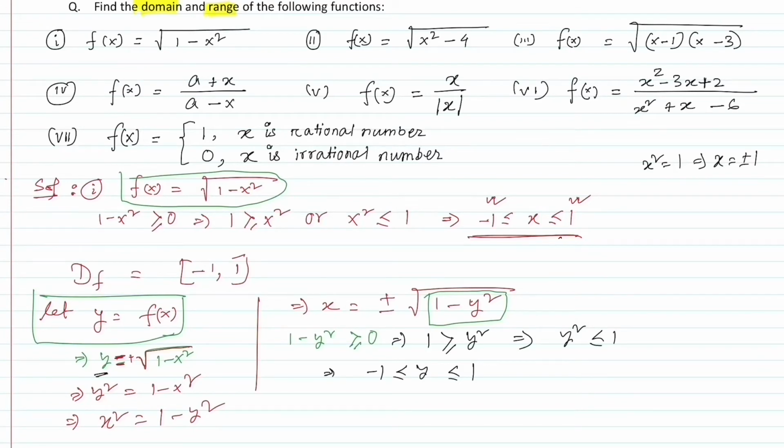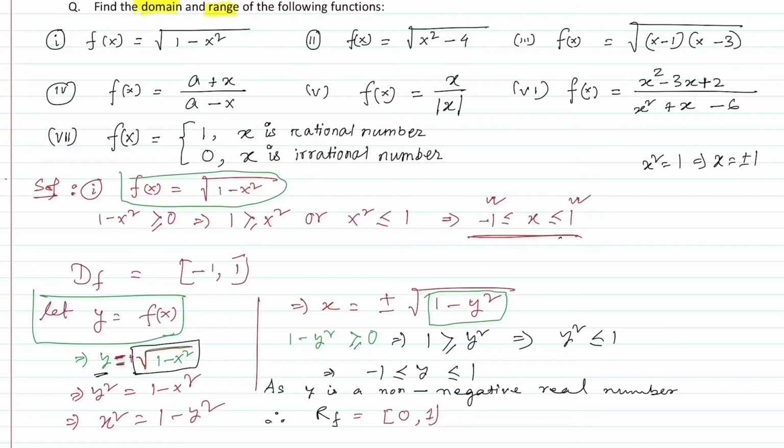Okay, so I have already told you that y is equal to root over 1 minus x square. It is a non-negative number. So as y is a non-negative real number, therefore the range of this function must be from 0 to 1.